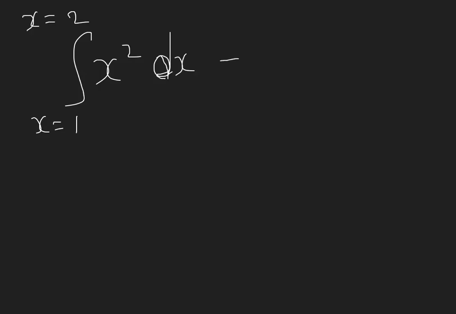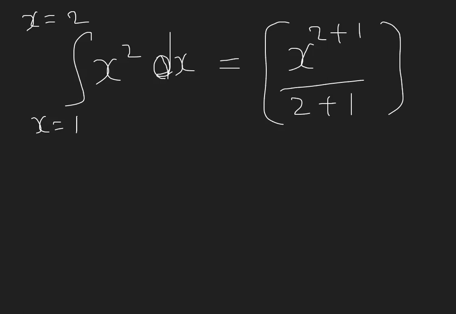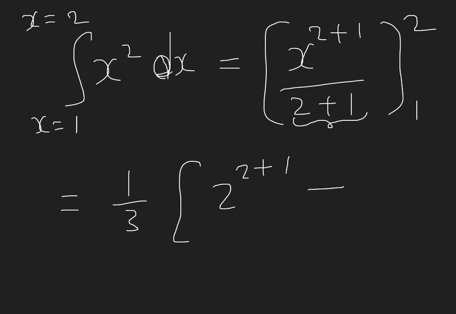First of all, integral x squared dx means x power 2 plus 1 by 2 plus 1. This is the integration formula: x power n dx means x power n plus 1 by n plus 1. But your limits are there, 1 to 2. In the denominator, 2 plus 1, 3, is constant, keep it outside. Then apply the limits, first the upper limit, then the lower limit.